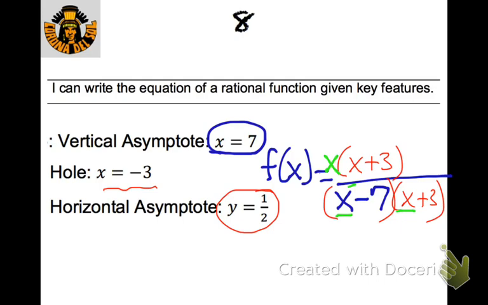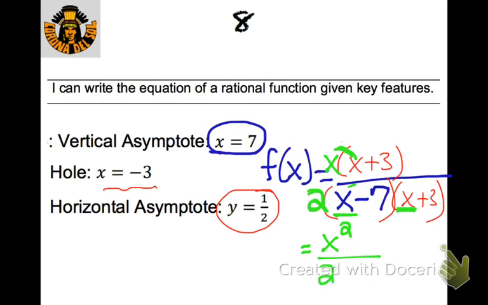Then at least it would be x squared as that first term. And then we also need to have a 2 on the bottom, so we just could put a 2 on the bottom like that. And that would do the trick, because when you multiply these together, that would be x squared, and then when you multiply these two together, that would be x squared, and then you'd have this 2 as a leading coefficient. You could go ahead and do the whole thing, it's not totally necessary.